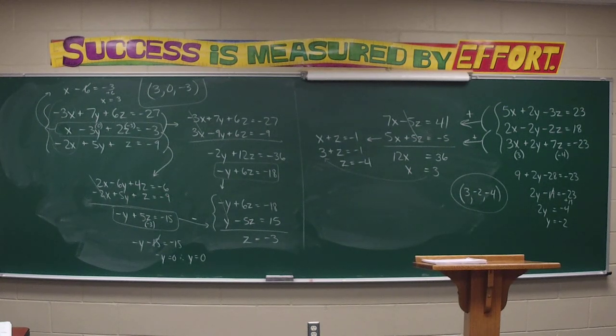Just a moment here. Negative y plus 5z equals negative 15. If we double swap, that's a 5z minus 15 equals y, which is essentially what you plugged in. Negative 15 plus 5z.